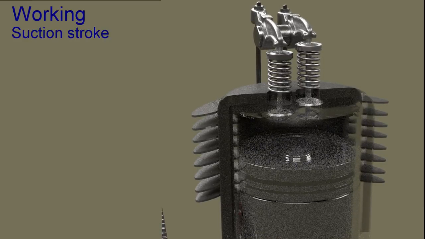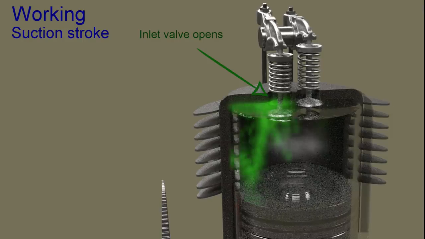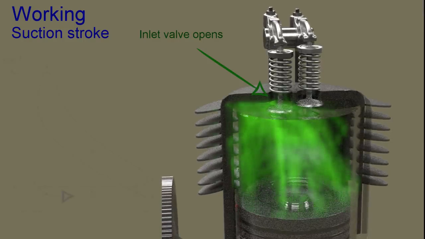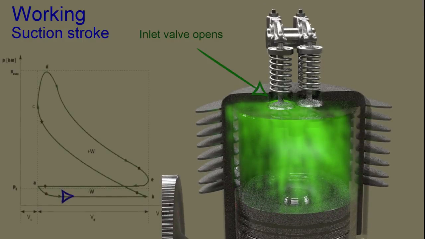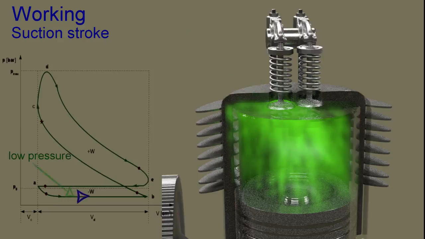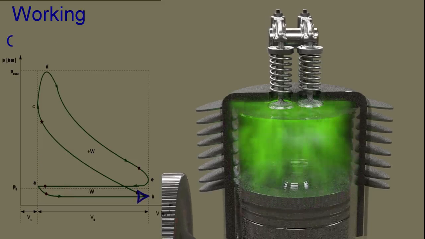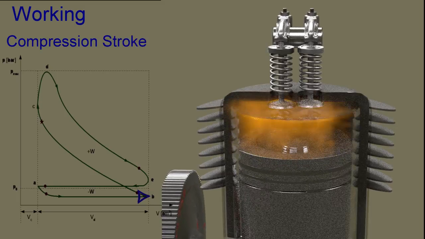Thus, the pressure inside the cylinder reduces. Simultaneously, the intake valves open and the air-fuel mixture enters the cylinder. The engine continues its motion due to inertia of moving parts and compression stroke begins.